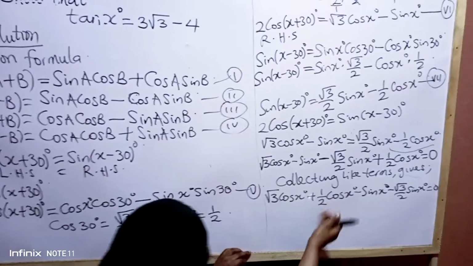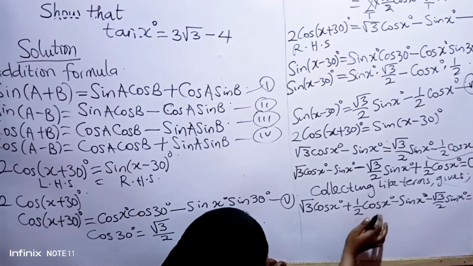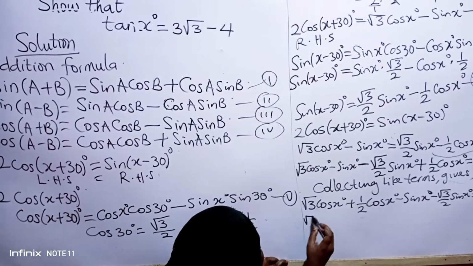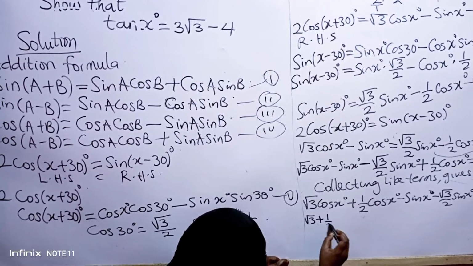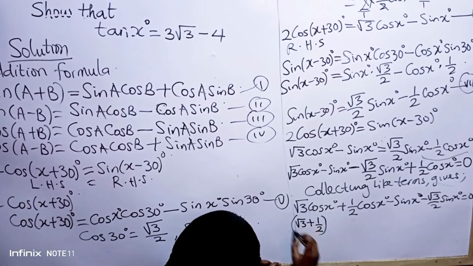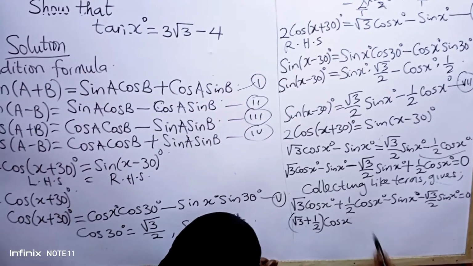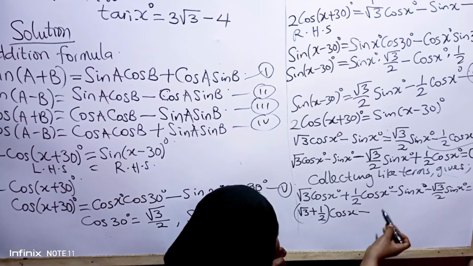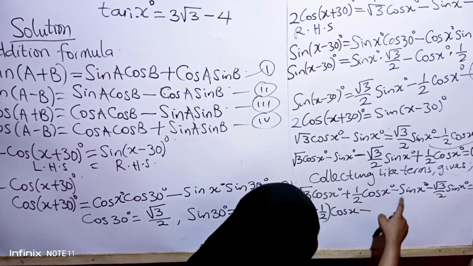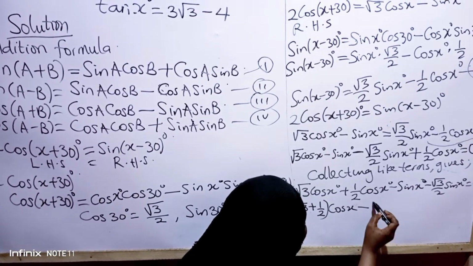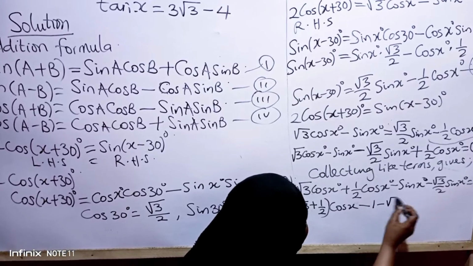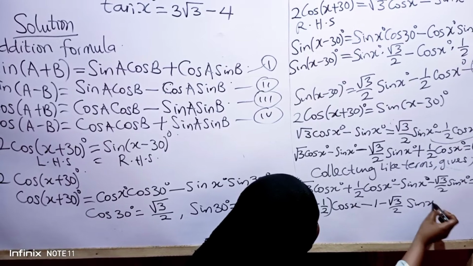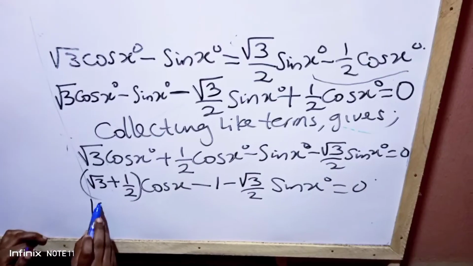Now, from here, we can factorize cos x out, and factorize sine x out. So we have root 3 plus 1 over 2, then cos x. Then here we have minus 1, you know, there is minus 1 here, minus 1 minus root 3 over 2, then sine x degrees is equal to 0.